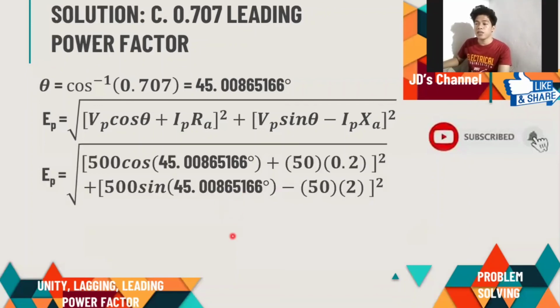Upon substituting, ito yung ating makikita: the square root of 500 cosine 45.00865166 degrees plus 50 multiplied by 0.2, quantity squared, plus 500 sine 45.00865166 degrees minus 50 multiplied by 2, quantity squared. Kindly input.